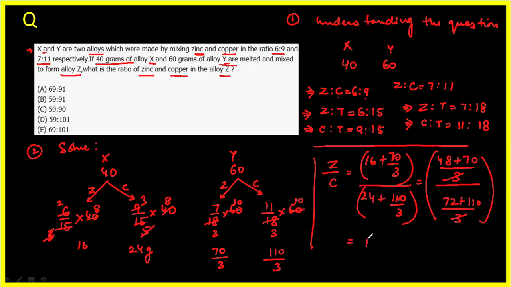That is 118 over 182. The 2 gets cancelled out, so 59 ratio 91. Option B is the correct answer here.